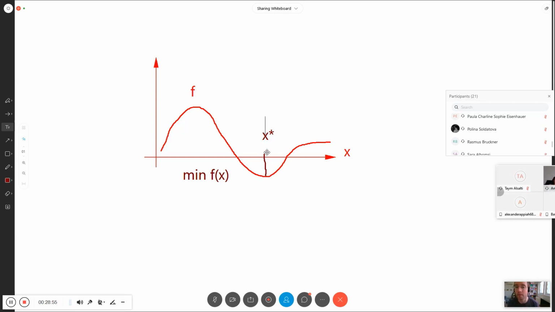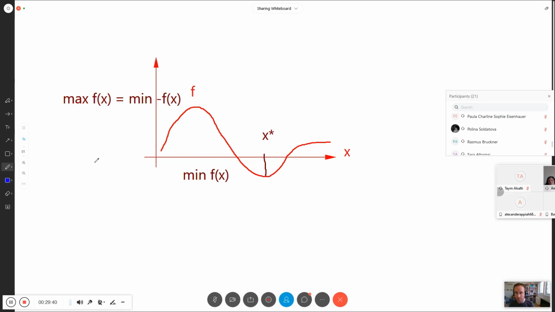So a first thing is, why do we talk about minimization if we also want to do things like, for example, maximum likelihood? The point there is that maximization of a function is the same as minimizing the negative of the function. So we can essentially always turn a function around and then do maximization. So if we want to find the maximum of this function, it's the same as minimizing the negative of f, and this is what I wanted to draw here.